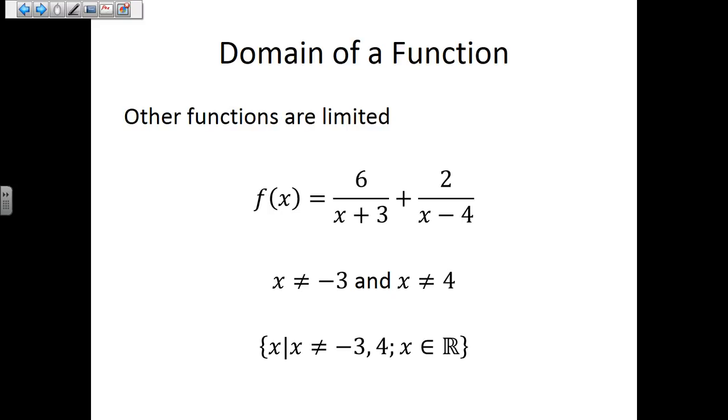So for this one, I know that I can have all real numbers, but x cannot equal negative 3 and x cannot equal 4. So I'll write it in set builder notation, the set of all x such that x does not equal negative 3 or 4. And I can just use a comma there for my or I could write out the word or. I've got a little bit of extra stuff that I didn't include before. If you want to, you can just put a reminder that x is an element of the real numbers.